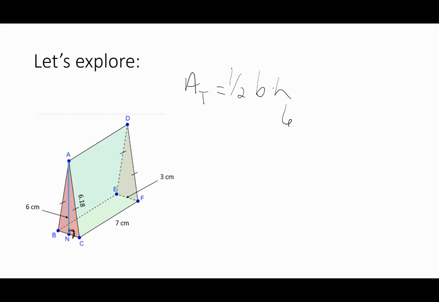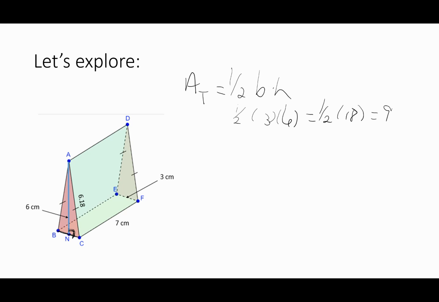Our base is the total length across, which is 3. So 1/2 of 18 is 9. So the area of one triangle, just one, is 9.